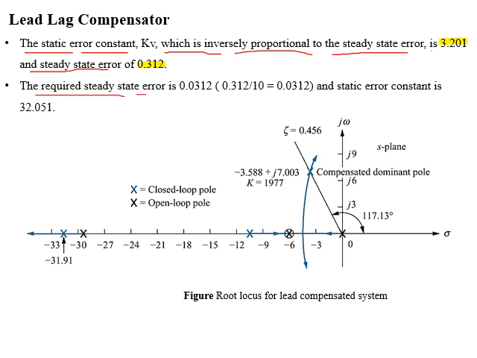The required steady state error will be 0.03122, which is 10 times less than the steady state error of the uncompensated system. Now the static error constant associated with this steady state error is 32.051. Students, the figure represents the root locus for the lead compensated system.